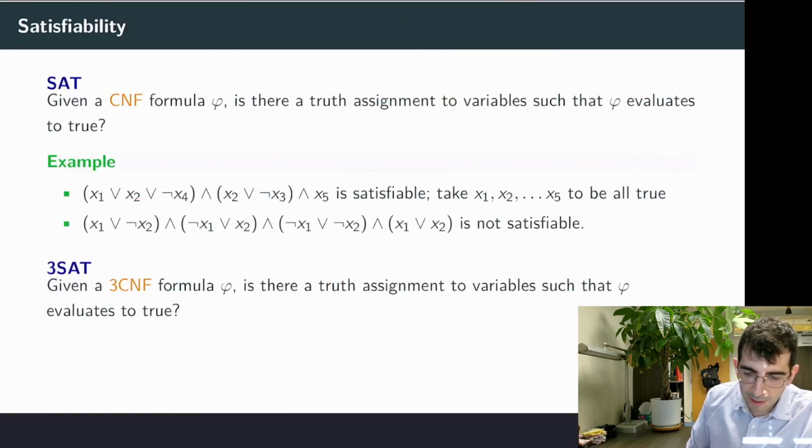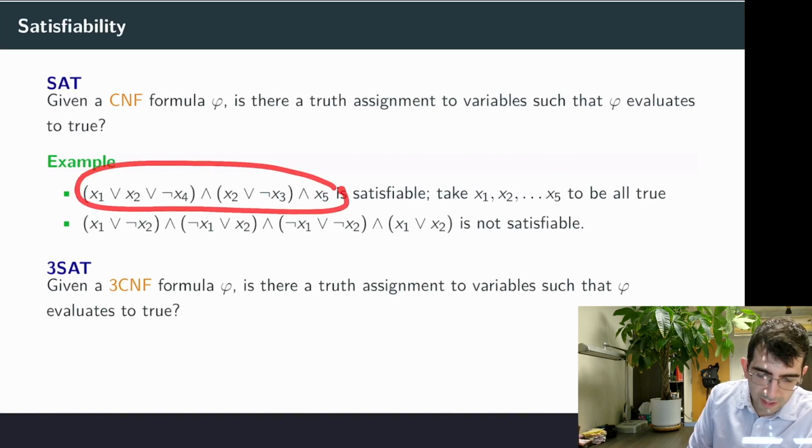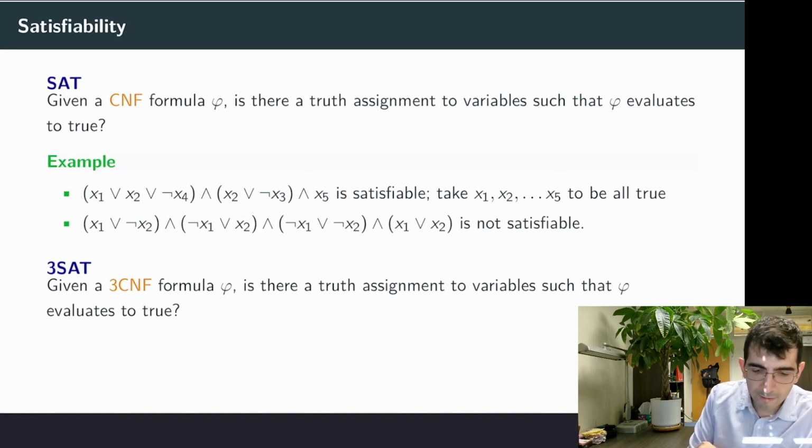So a few more examples. This formula right here is satisfiable. Why? Because if we have x1 through x5, we know x5 has to evaluate to 1, so we know that at least. I could assign 1, and not 4.